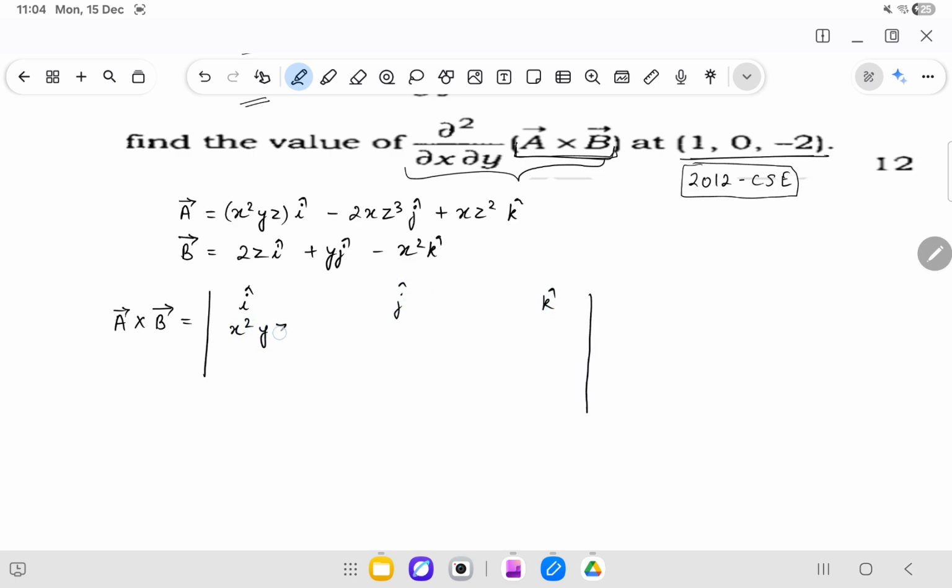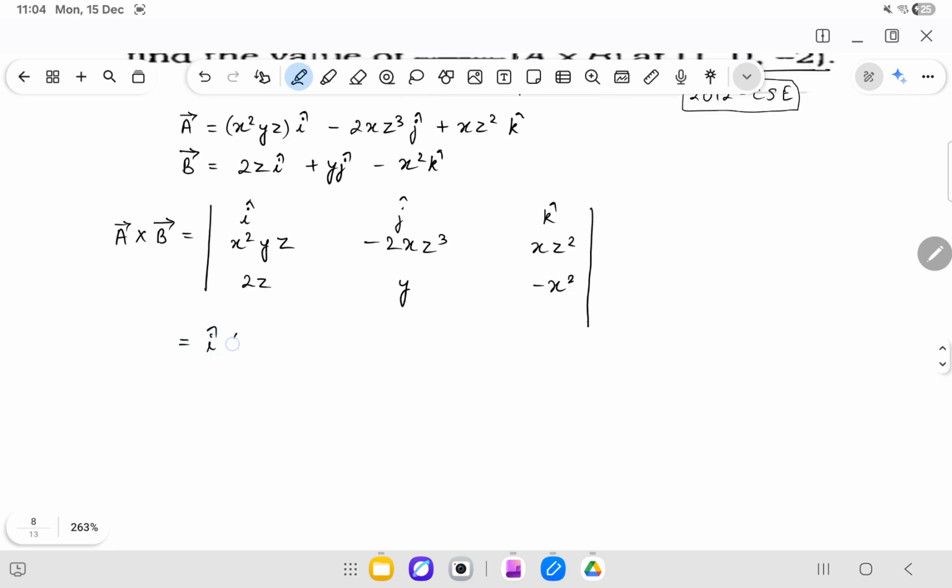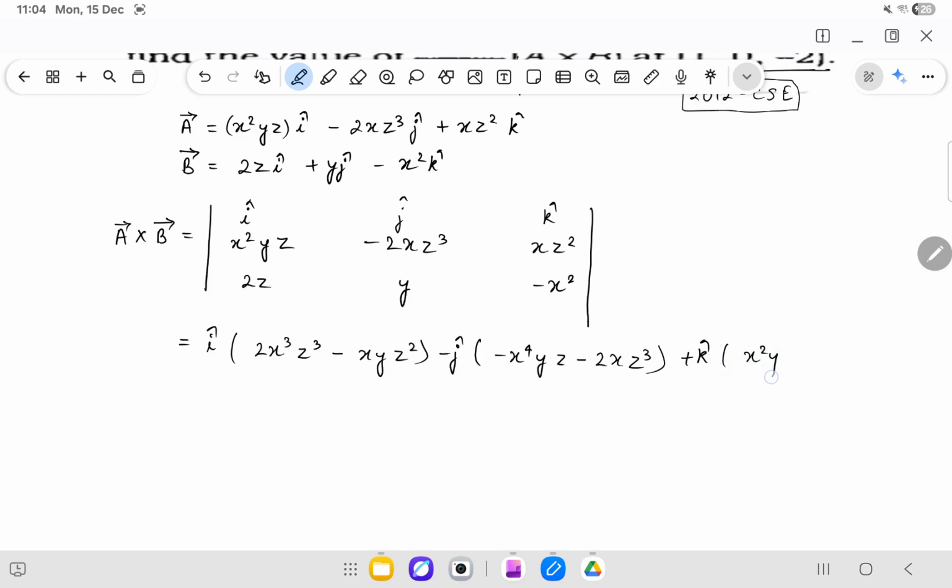Here we have x square yz, minus 2xz cube, xz square, and here we have 2z, y, minus x square. So it simplifies to i cap times 2x cube z cube minus xyz square, minus j cap times minus x raised 4 yz minus 2xz cube, plus k cap times x square y square z plus 4xz raised 4. So this is a vector cross b vector.